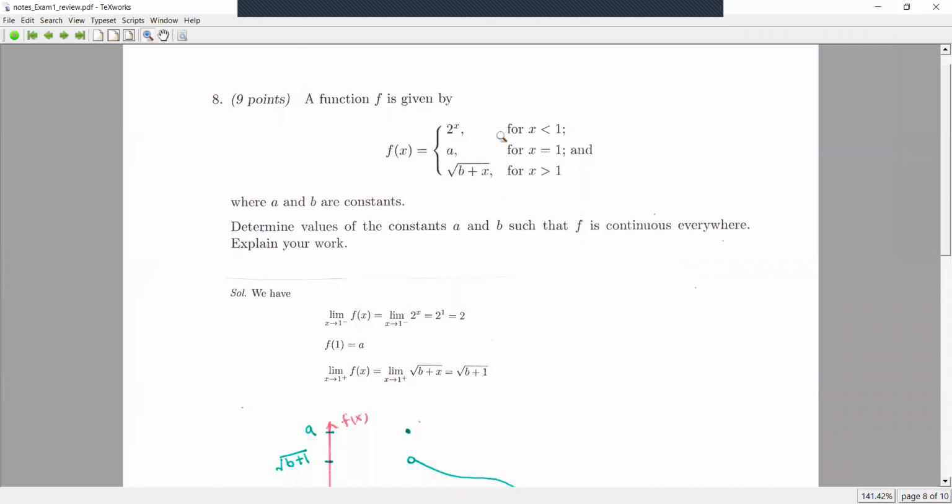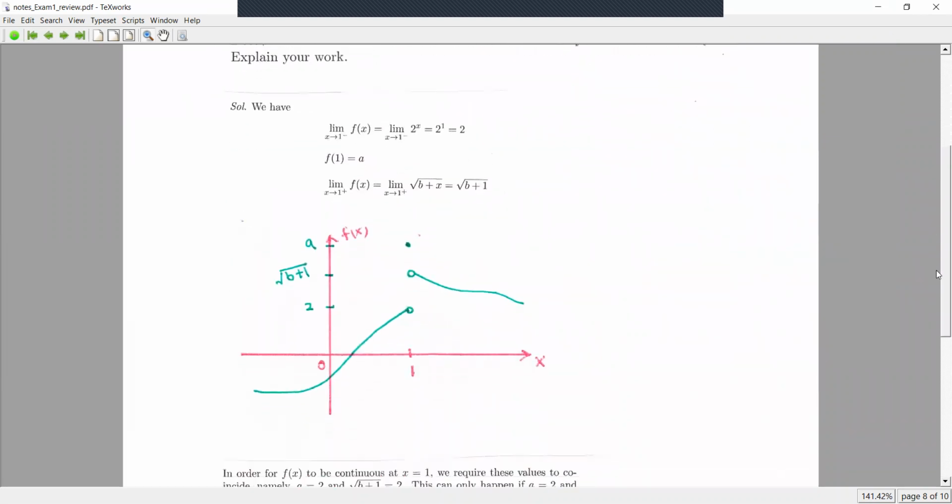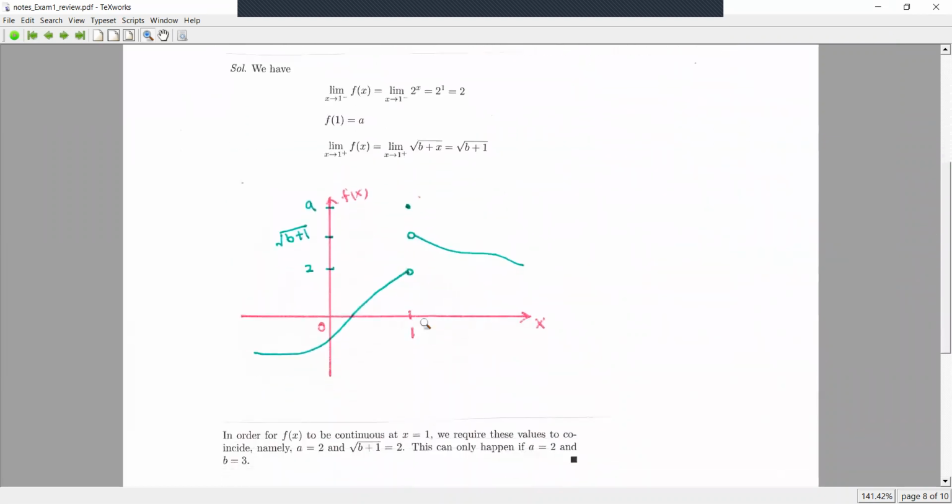Now, sketch the graph of this function. Suppose 1 is here. As x approaches 1 from the left side, the function approaches 2. So on the left side, I draw a curve. The curve approaches this point.